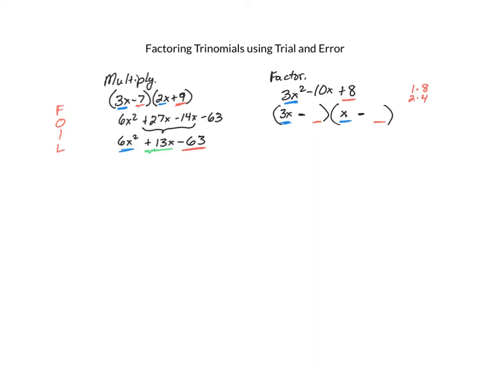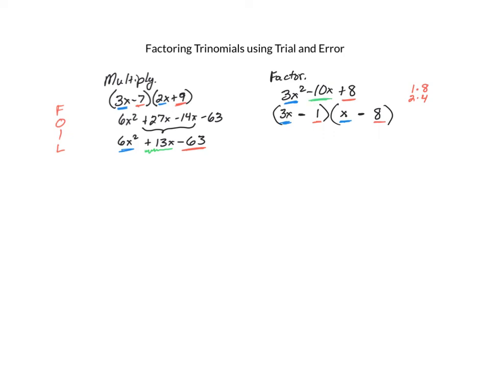But now here comes the trial and error part. I have to determine whether it should be a 1 and an 8, an 8 and a 1, a 2 and a 4, or a 4 and a 2 in these last terms. Let's just start with 1 and 8. Does it work? Well, remember, the goal is to have the middle term be negative 10x.